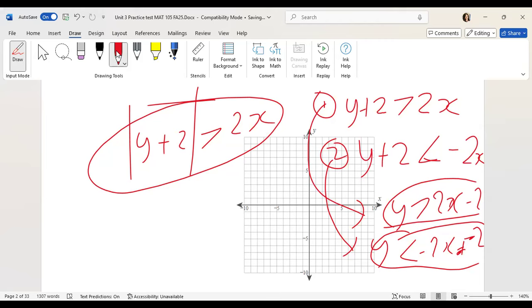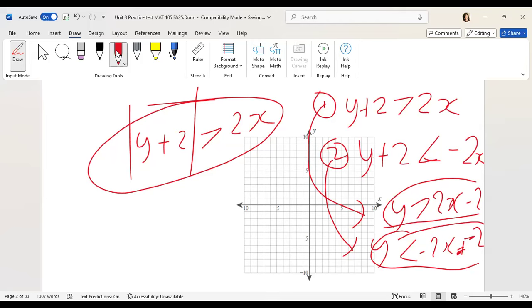You solve it by creating two linear equations. The absolute value gives you two linear equations, and the inequality makes them inequalities, so you are going to be solving two linear inequalities. Then you graph them.